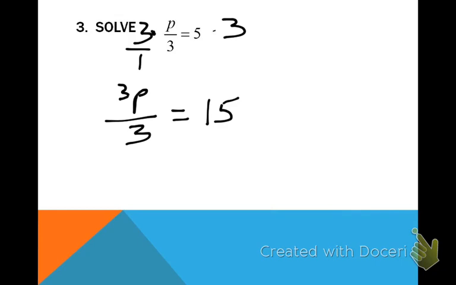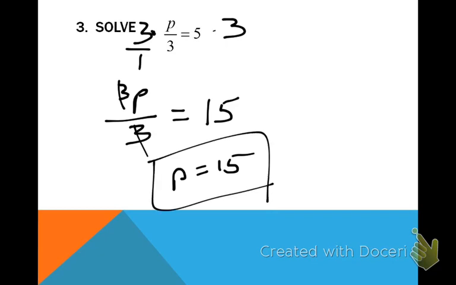But then we have this 3 divided by 3, which again divides out to 1. If you have a 1 next to the p, you don't need it there, so we can erase it. Now our equivalent equation becomes p equals 15. Good.